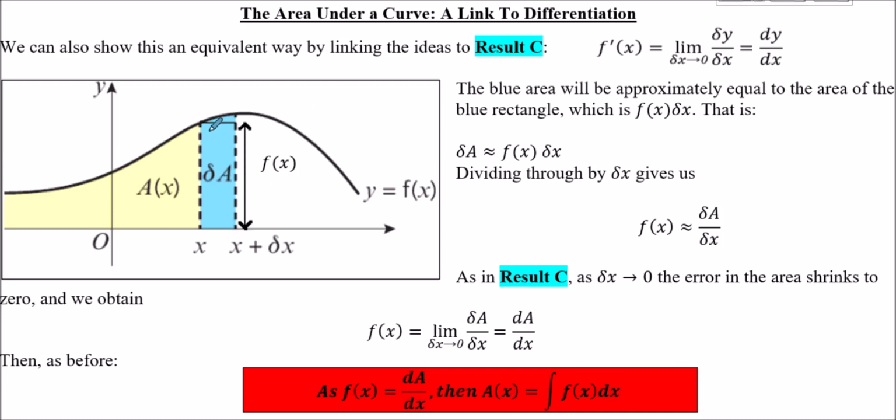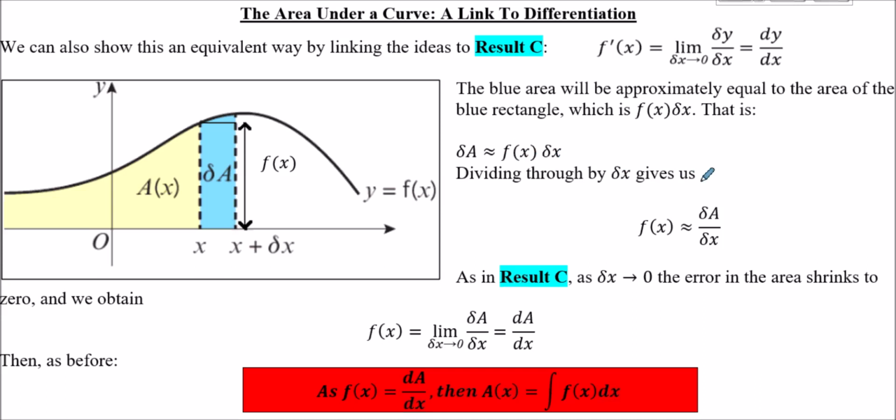So this blue area, which is approximately rectangular, not exact, approximately, will be the area of this rectangle with a width of delta x and a height of f of x. So delta A, this tiny area, is approximately equal to f of x multiplied by delta x.